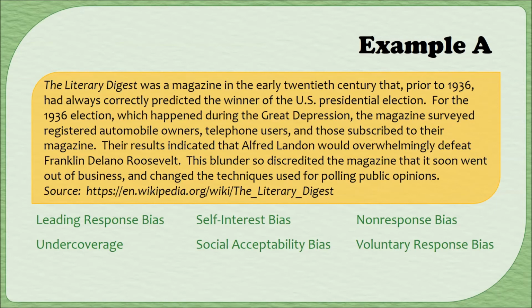Obviously, FDR won and became president. This mistake so discredited the magazine that it went out of business, and the techniques used for polling public opinions soon changed thereafter. What type of bias is most strongly exhibited in this description? Feel free to pause the video if you need some time to reread some of the details.